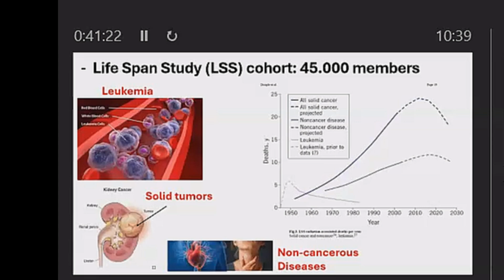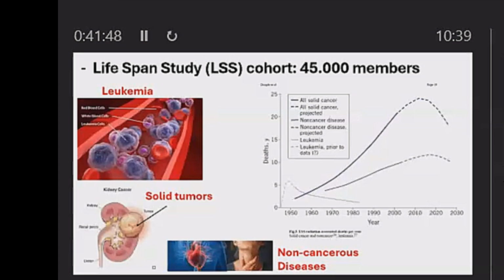Then solid tumors, another effect. And then non-cancerous disease, primarily hyperthyroidism, cataracts, and interestingly, cardiovascular disease. We see increased rates of cardiovascular disease in these survivors.